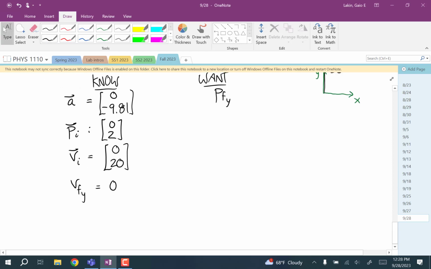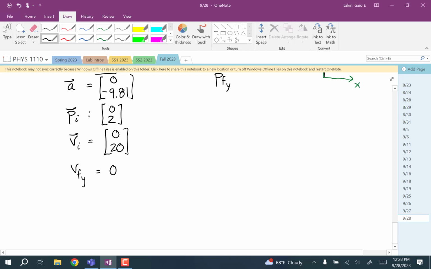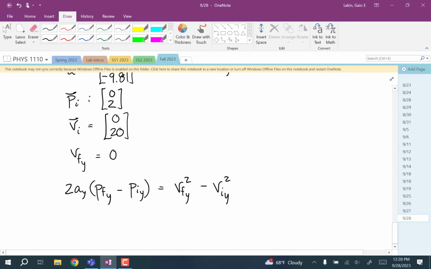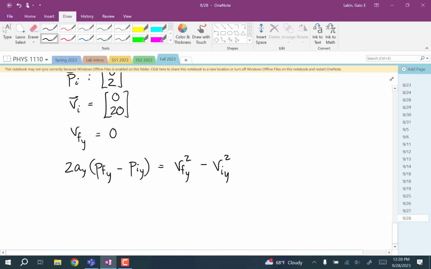And now you have 6 possible equations, but the one that works is this, 2AY times the quantity PFY minus PIY is equal to VFY squared minus VIY squared. And this reduces to exactly what we got before.